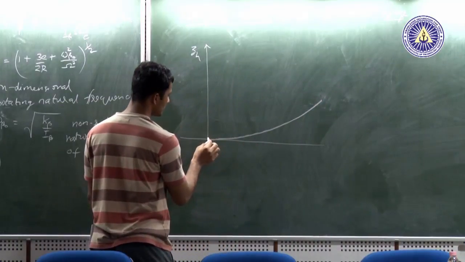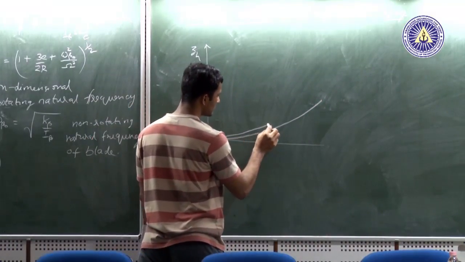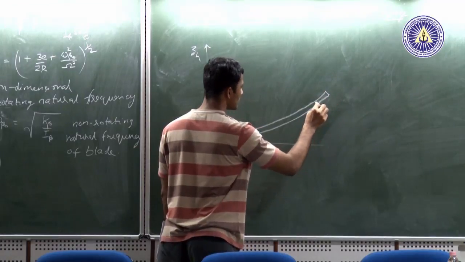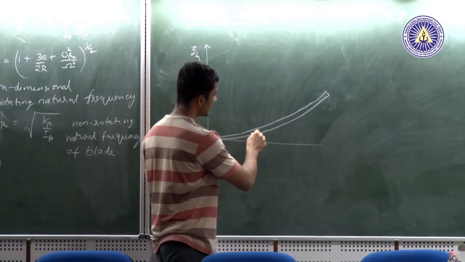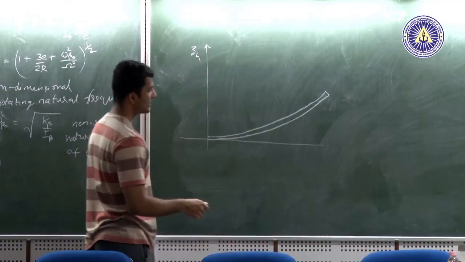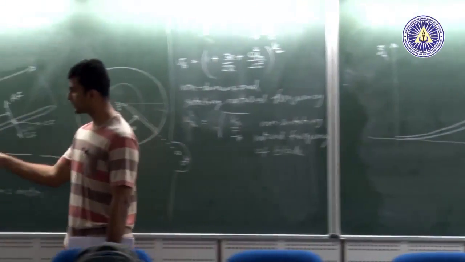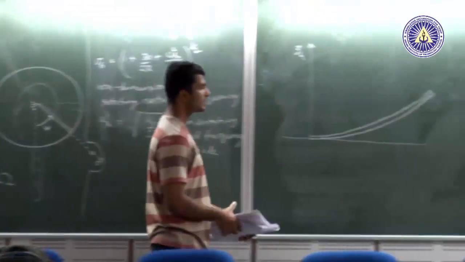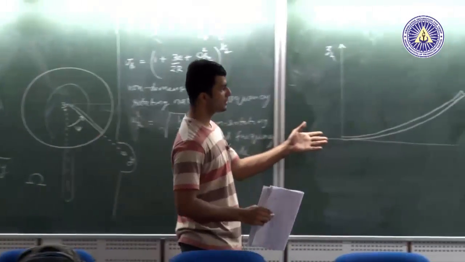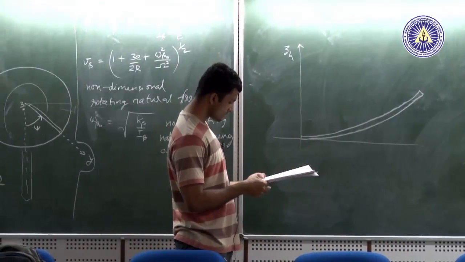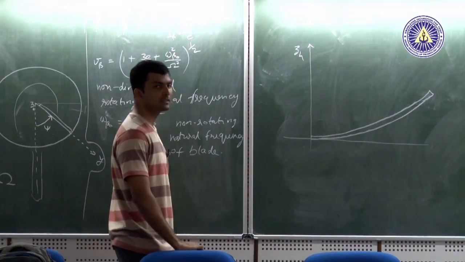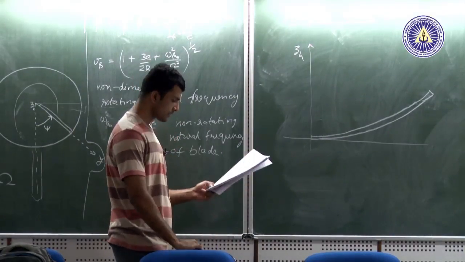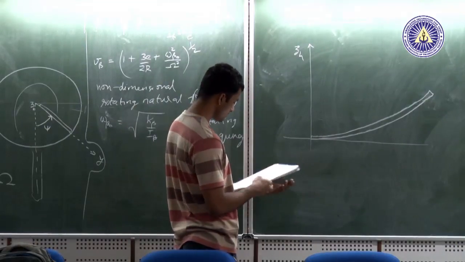So this is my blade here, bending like this, and the complete stiffness of the blade is responsible for this equivalent stiffness k beta. So how do we get these parameters E and k beta from a given hingeless system? There are two ways to obtain E and k beta. One is to compare the rotating and non-rotating natural frequencies of the two systems.